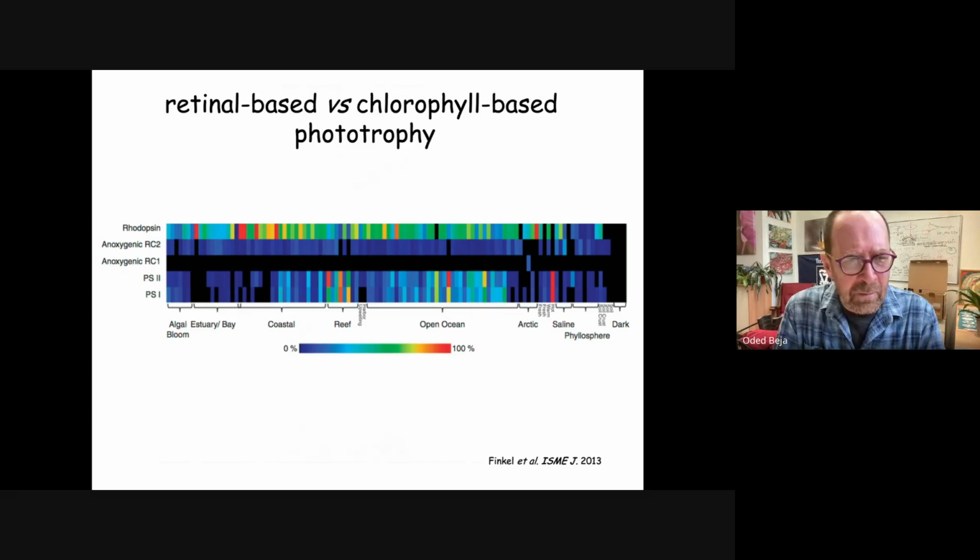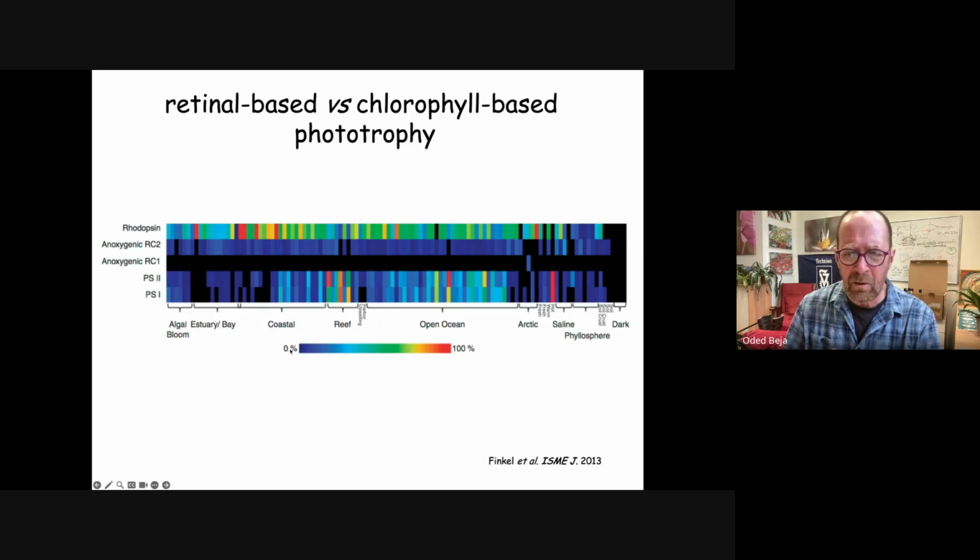And I think this is an important slide because you can estimate, in different marine environments, how many rhodopsins you have in the different genomes compared to photosynthesis. So here we have different stations. You can see coastal stations, reefs, open ocean, and others. And in each station, using metagenomics, we estimate how many genes for photosynthesis, oxygenic, anoxygenic, and then rhodopsins.